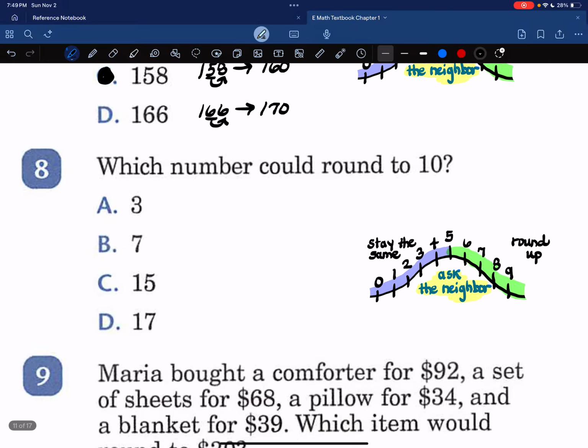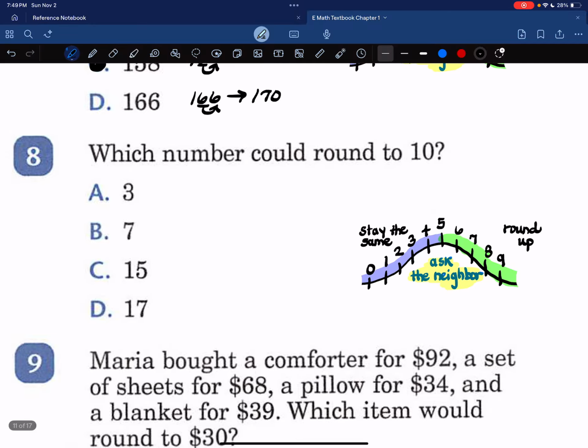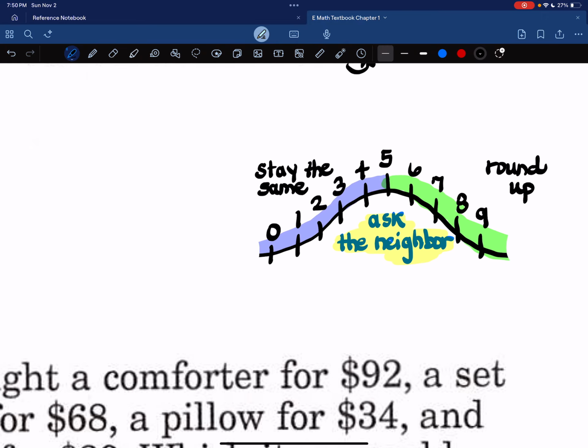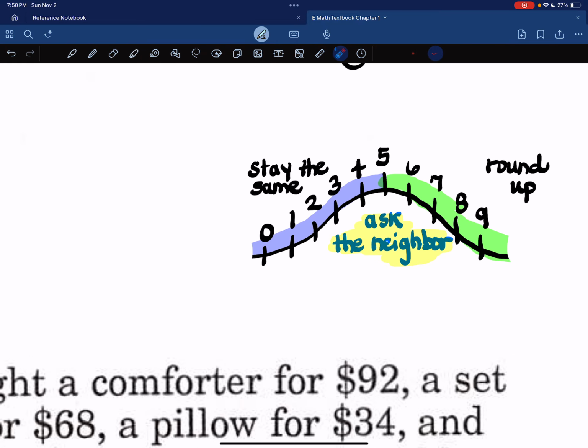Which number could round to 10? So we have this one that's rounded off, so this one is to the tens place. So looking at 3, let's look at our graph over here. Here's 3.